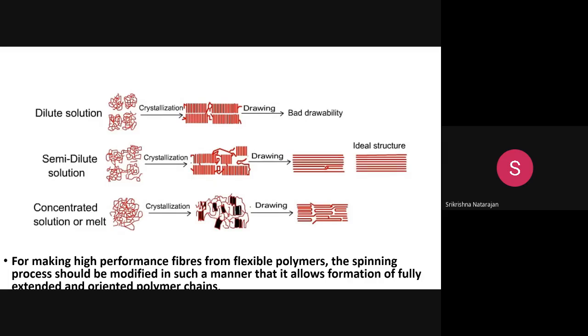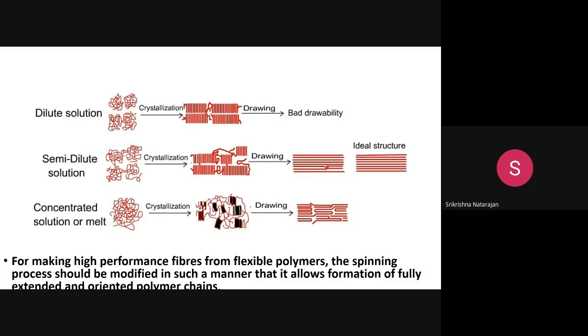So these three are a part of fiber manufacture. That is how you should understand. If you go for a concentrated solution or a melt, or if you go for a dilute solution, in both cases it affects the drawability, so it affects the mechanical property. So you need to modify that method.